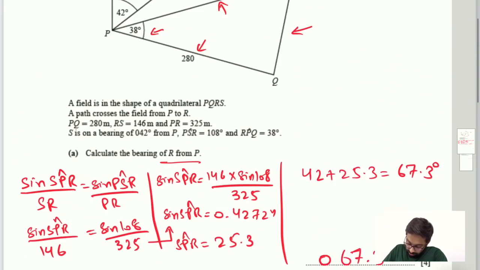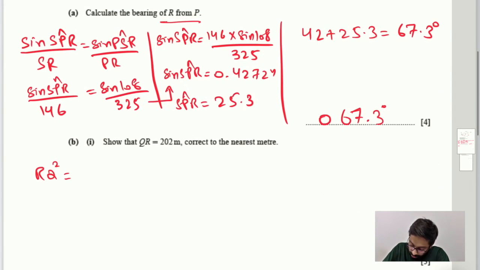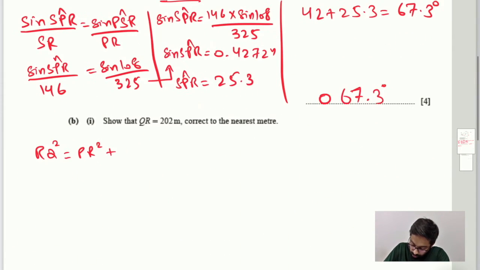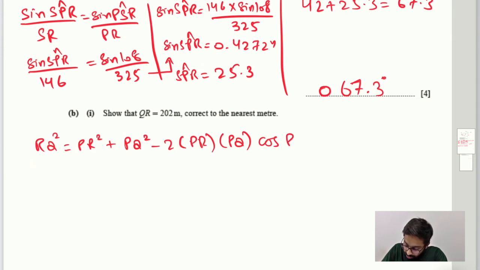So the cosine rule states that RQ squared is equal to PR squared plus PQ squared minus 2 times PR times PQ times cos RPQ, which is 38. Okay.